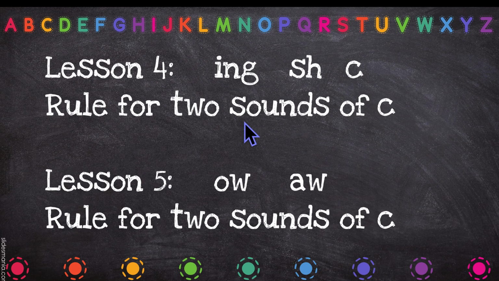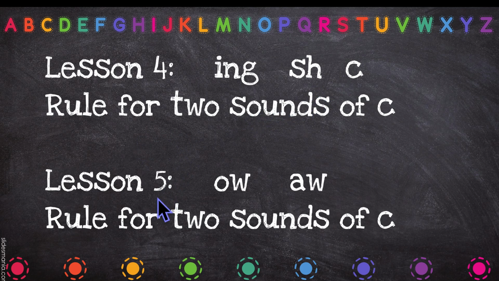If the letter after the C is an E, I, or Y, you use the second sound of C, also called the soft C, S. Otherwise, you try the first sound, the hard C, K. If you can't remember this rule, or you had trouble with ing or sh, please go back to lesson 4.